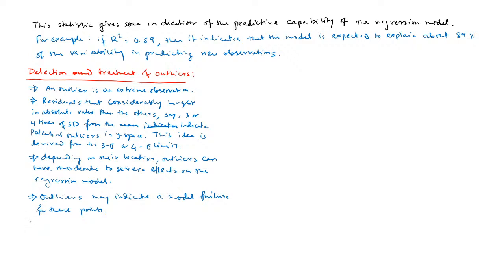Residual plot against yi hat and normal probability plot help in identifying outliers.